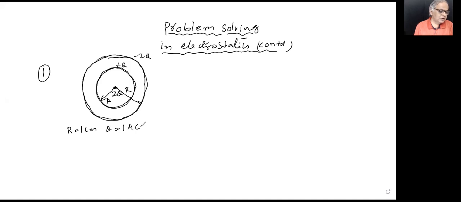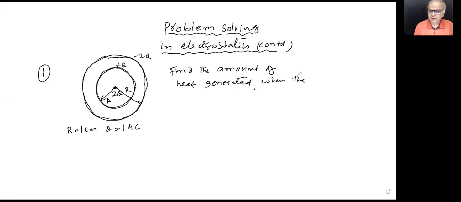Now, just find the heat generated. Find the amount of heat generated when the shell of radius r is earthed.